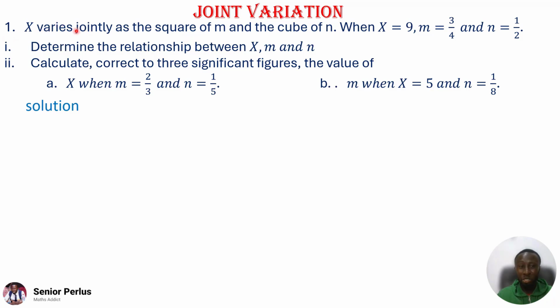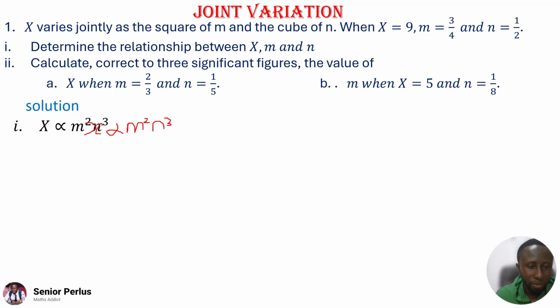S varies jointly as the square of M, so M squared, and the cube of N, so N cubed. This is what they mean.